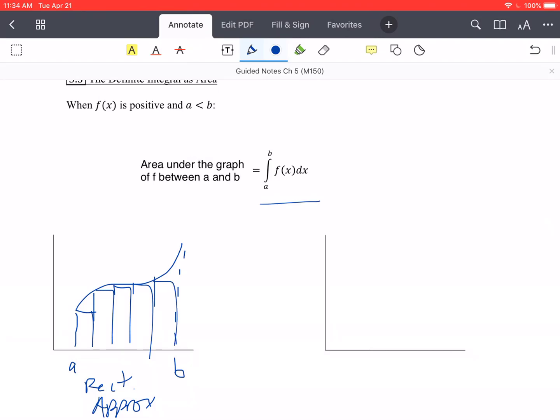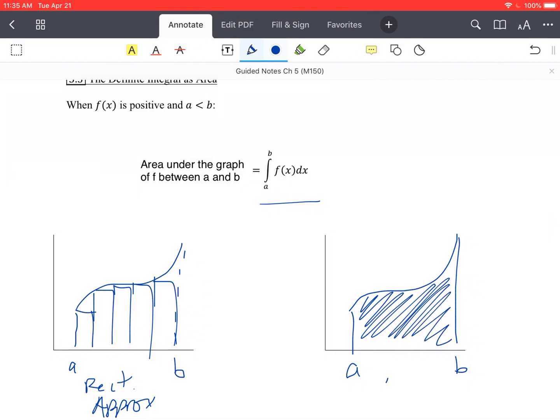And then that is giving us an approximation to the area under the curve. But what we want to be able to do is look at the area under the curve in its entirety from a to b. So that's this entire space down here. So this is going to be the integral from a to b of f of x dx.